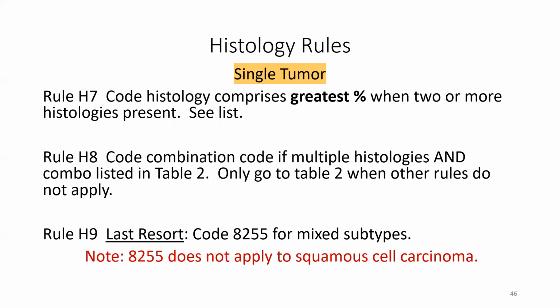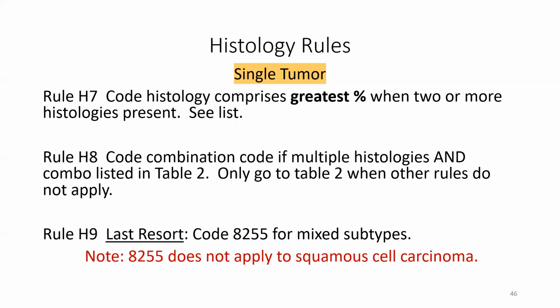And then rule H7, and we're still in the single tumor section. This wording has been changed in the December 2020 update. So I know in the lung webinar that NAACCR put out, her H7 rule looks different.